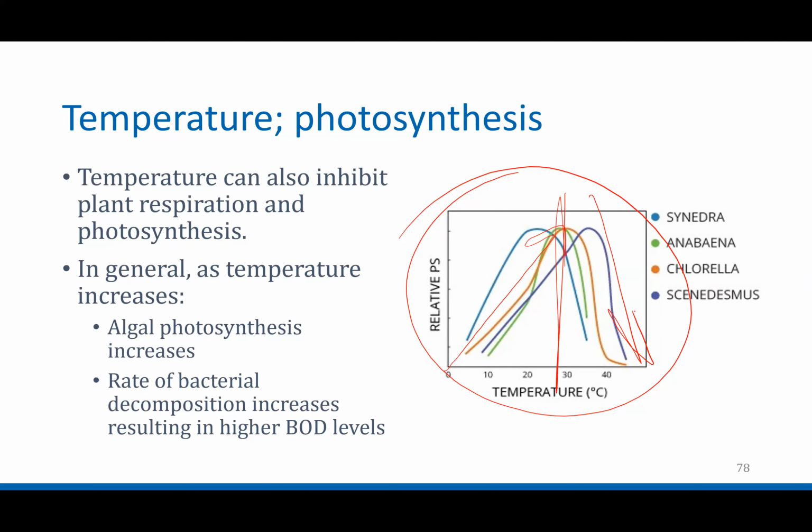So there is a region where photosynthesis can be maximized. But if it's too hot, and you can see here 40 and onwards, which is kind of what we're seeing in Doha now, photosynthesis will decrease.